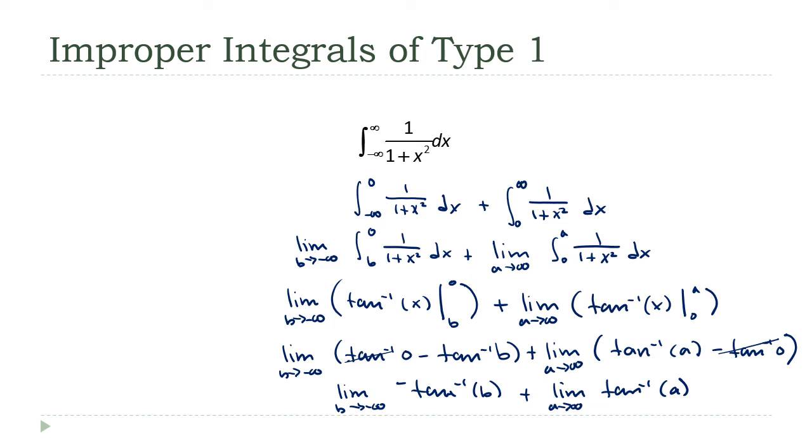Remember, the tangent function drops off to negative infinity on that side. So this is going to be negative negative pi over 2, plus, and the same thing happens over here. The limit as a goes to infinity of the inverse tangent of a is positive pi over 2. The negative signs cancel, and our final answer is that this integral is equal to pi.